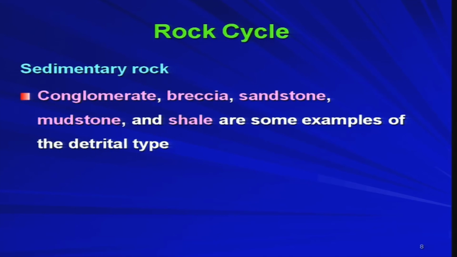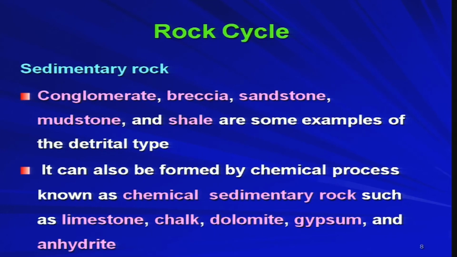Then conglomerate, breccia, sandstone, mudstone and shale are some examples of detrital type of sedimentary rocks. It can also be formed by a chemical process, known as chemical sedimentary rock.